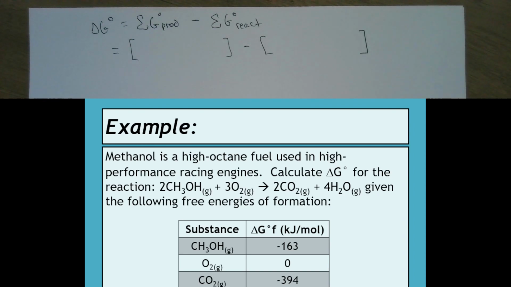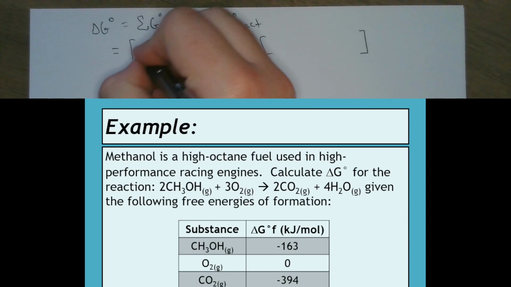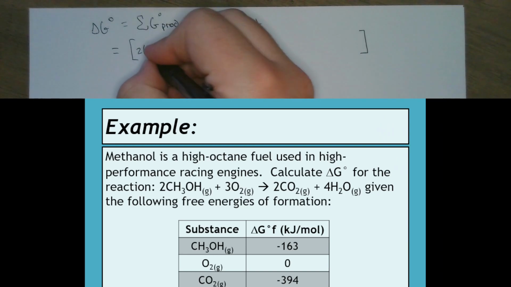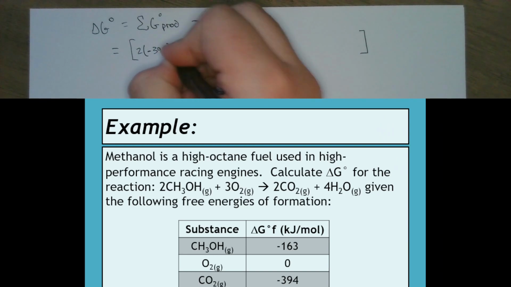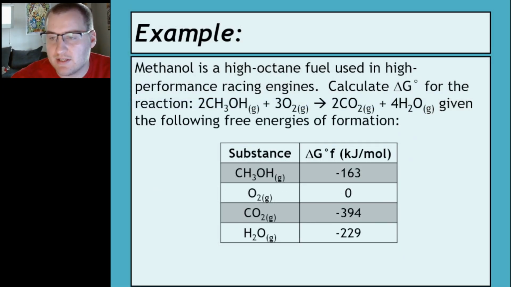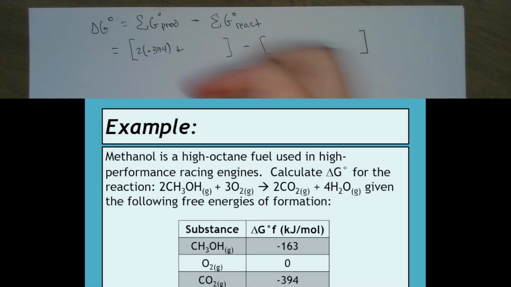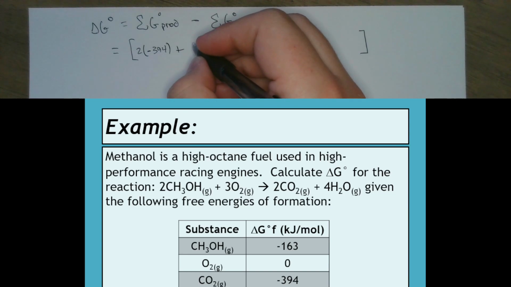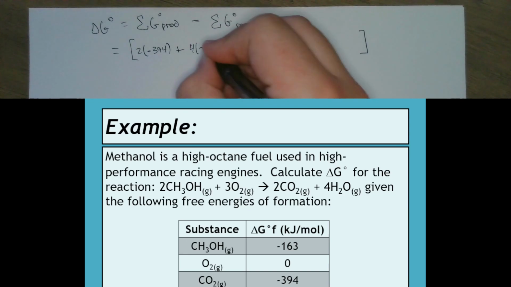Okay, so my products. First one is CO2. I have 2 of them, so I'll do 2 times negative 394. Plus my second product is H2O gas, which is the one that's cut off on here. It is negative 229. So it's 4 times negative 229.